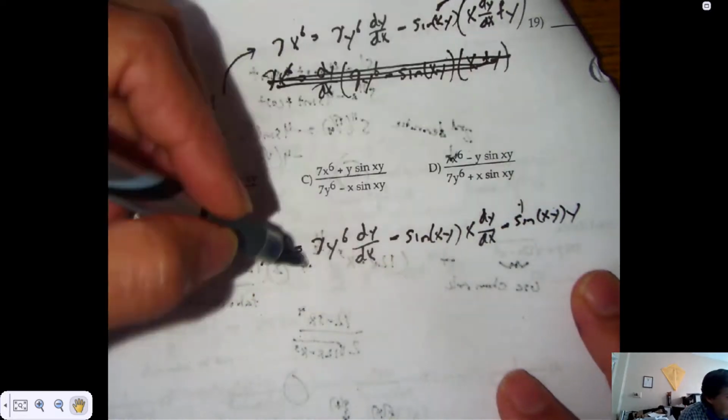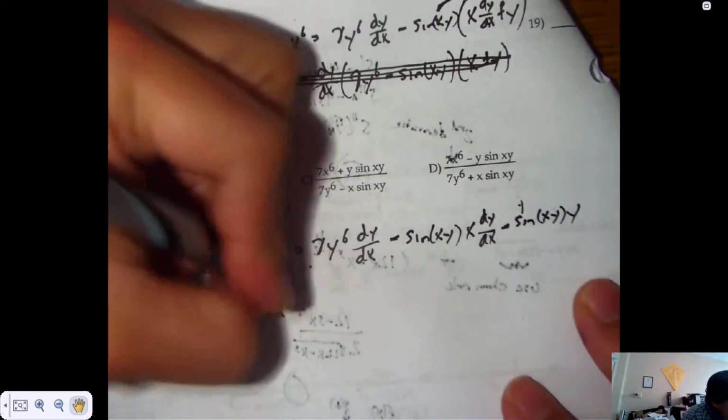So anyways, I'm going to add this to the other side. 7x to the 6th plus sine xy times y must equal 7y to the 6th dy dx minus sine xy x dy dx.